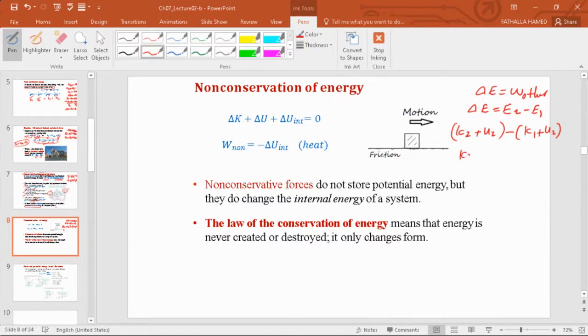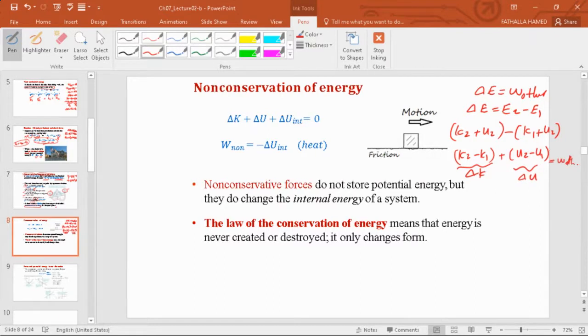So you will get K2 minus K1 plus U2 minus U1. That will be delta K, and this will be delta U, and that should be equal to the work done by other forces.